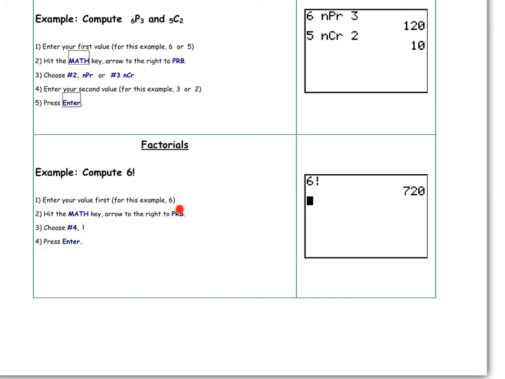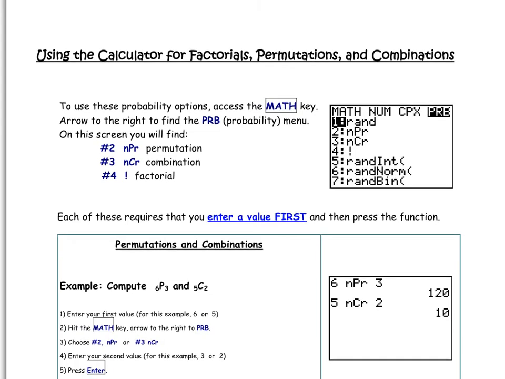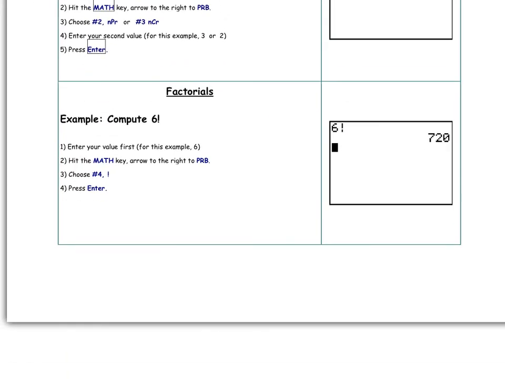So go ahead, enter 6. All right, we're going to hit the math key. We're going to arrow right until you see PRB. And this is the screen that you're going to see in the PRB once you go all the way over. You're going to hit 4 where it says factorial and press enter. So on your screen you should be seeing 6 factorial, which is 720.